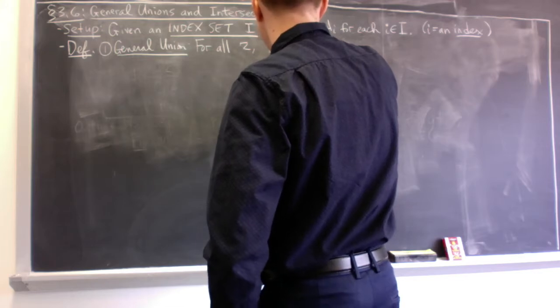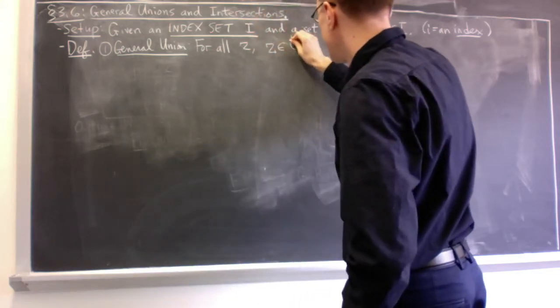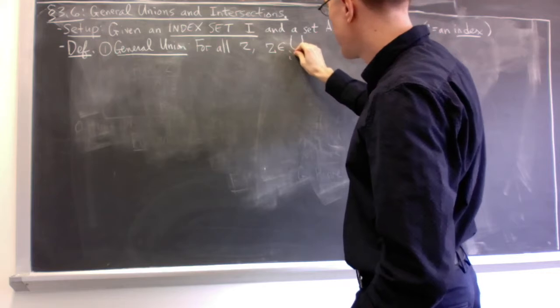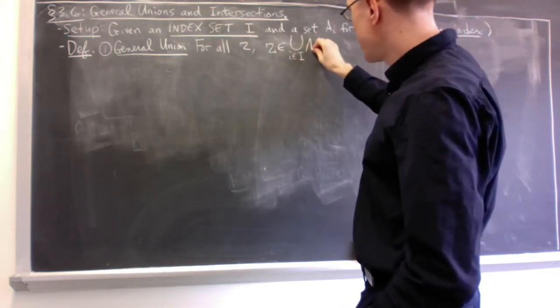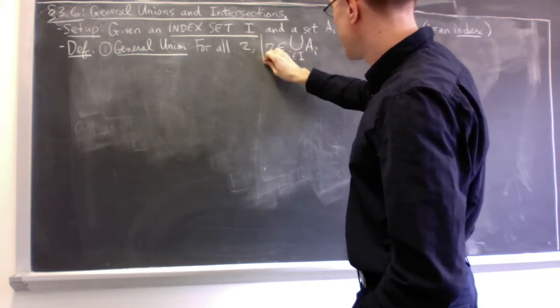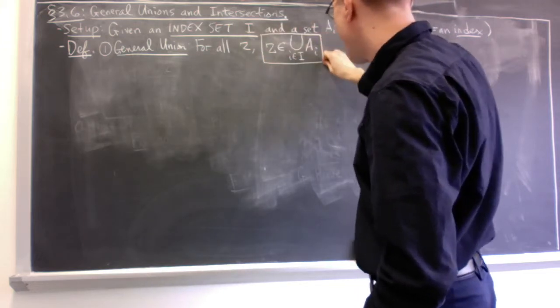Z is a member of the union. So it's a gigantic union symbol here with the index I in I. You put that underneath. So there's the notation I'm about to define.